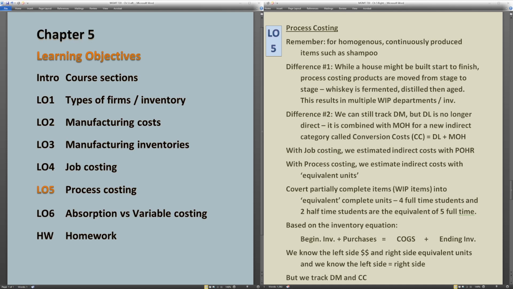Remember, in job costing, we focused on direct materials, direct labor, and manufacturing overhead, and we estimated manufacturing overhead using the predetermined overhead rate. Difference number one with process costing is whereas under job costing, each individual item might be built start to finish. You would go all the way through, build the item, finish it, then start on another item. Typically, process costing products are done in stages.